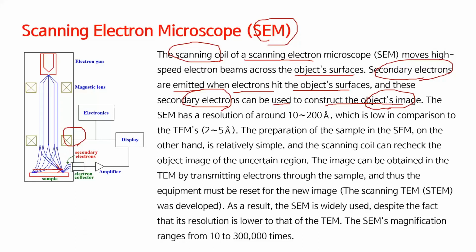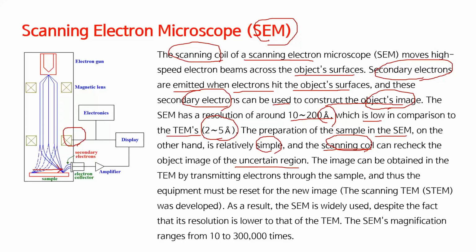The SEM has a resolution of around 10 to 200 angstrom, which is low in comparison to TEMs. TEM case resolution is 2 to 5 angstrom. The preparation of the sample in the SEM, on the other hand, is relatively simple, and the scanning coil can recheck the object image of the uncertain region.